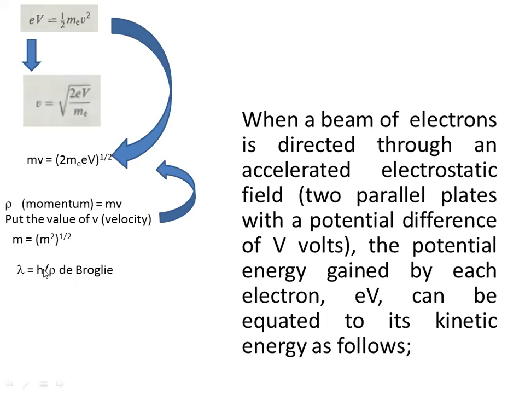Now put the value of this momentum, which you have already calculated, into the de Broglie equation, and this would be the final equation. h is on top, and this is going to divide, and the equation will be lambda equals h over under root 2 me electron volt. Clear? So there is no complication in this equation.